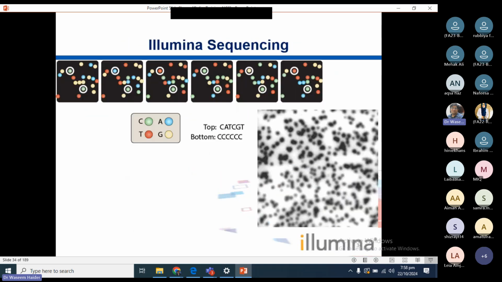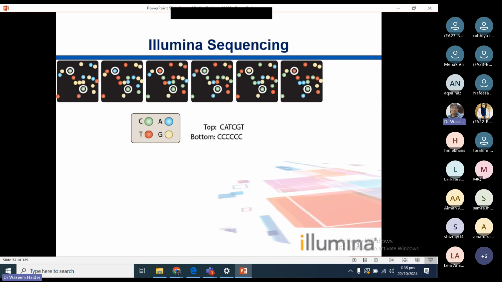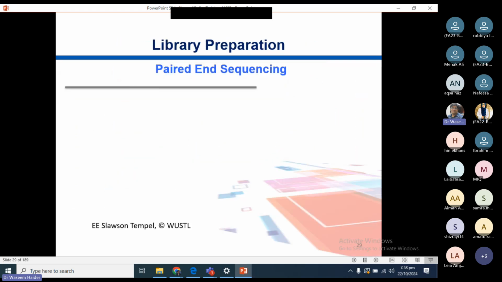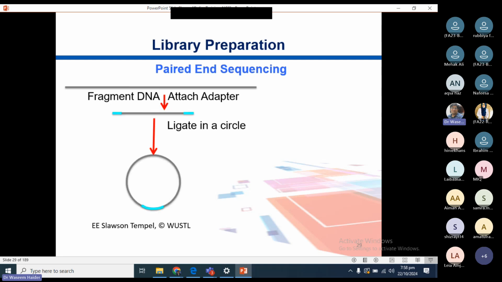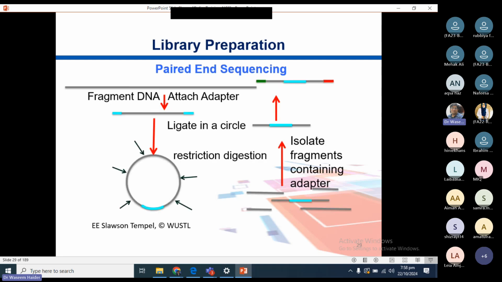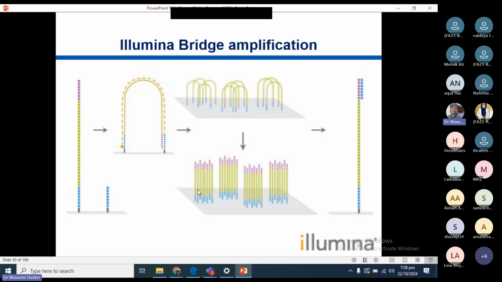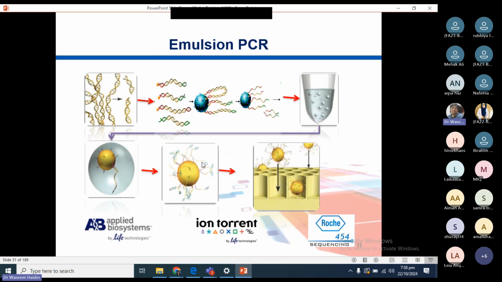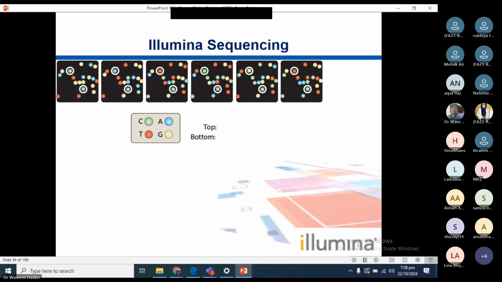Here you get different colors. If we look into a cluster, ideally it should be of only one type, right? If you have multiple types of fragments here, obviously you will get multiple colors, so your quality will decrease. You won't get that sharp green color. You might get some color in between green and blue.